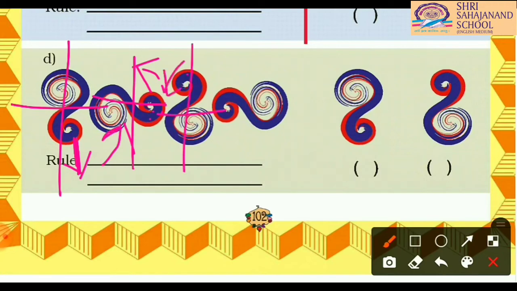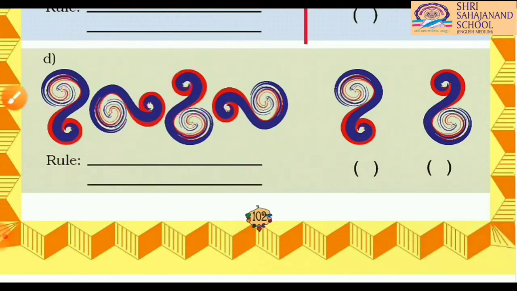So here we can write 1/4 turn with anti-clock, anti-clockwise turn, or in another way you can write 90 degree turns in opposite direction, or you can write in anti-clockwise direction.